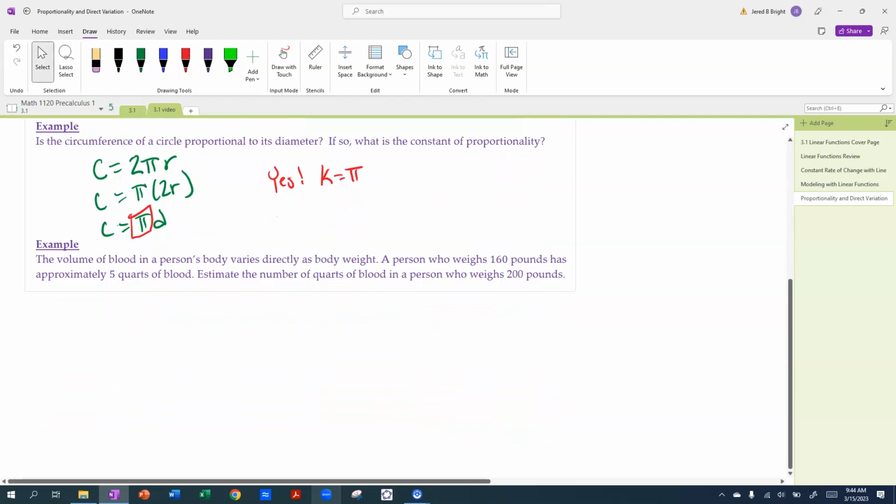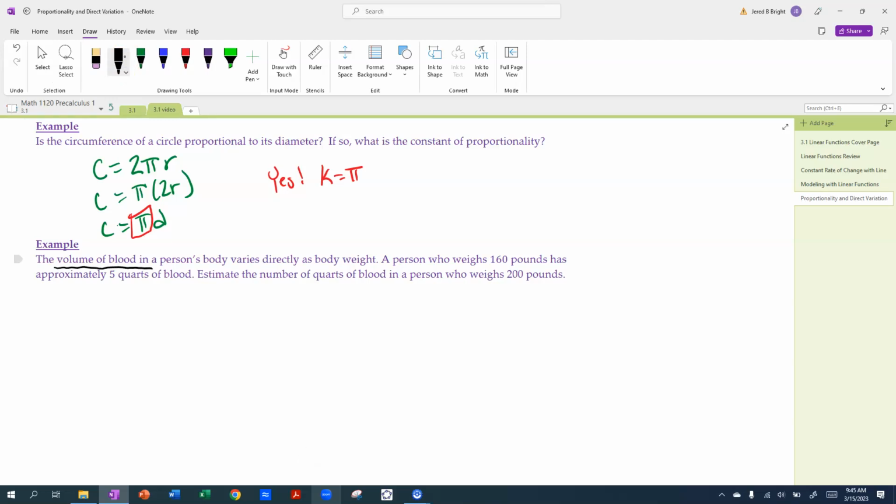Okay. So now maybe a more difficult example is constructing the model. This one talks about the volume of a person's blood in a body varying directly as their body weight. Just to introduce notation, the volume of blood in a person's body I'm going to call V, and then varies directly as, that's that language of proportionality.